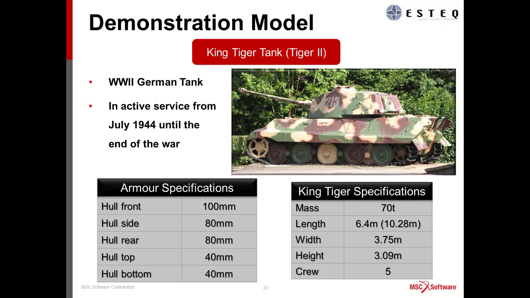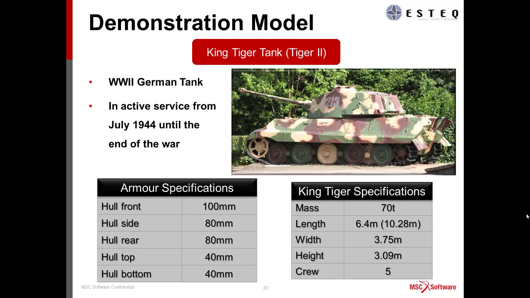Right. Okay, so in the next section I'm going to talk you through a demonstration model that I've created. It consists of a World War II era German tank. The armor specifications down here at the bottom corner give you an idea of the type of plate thicknesses involved.